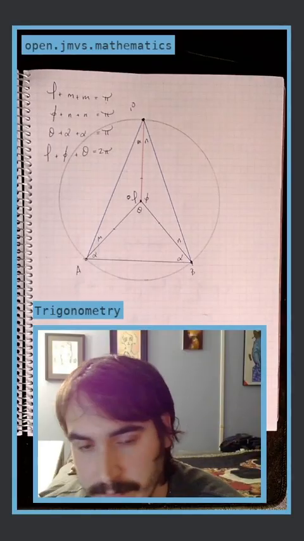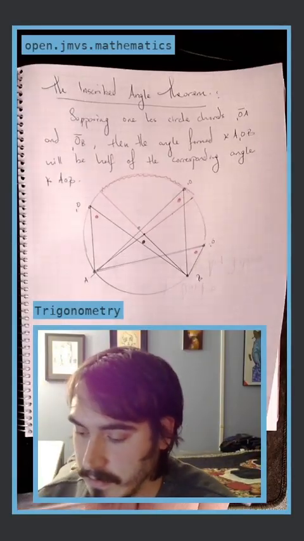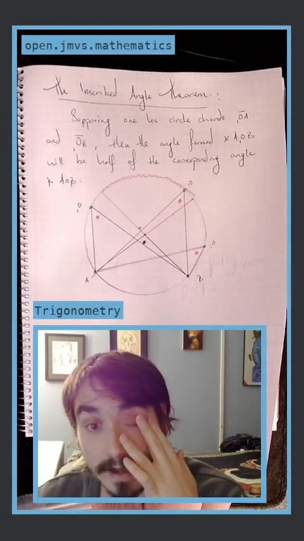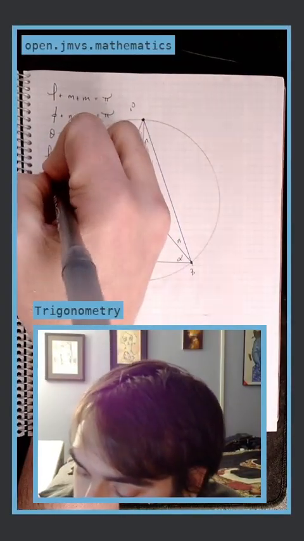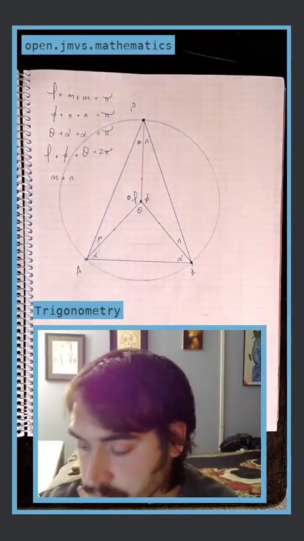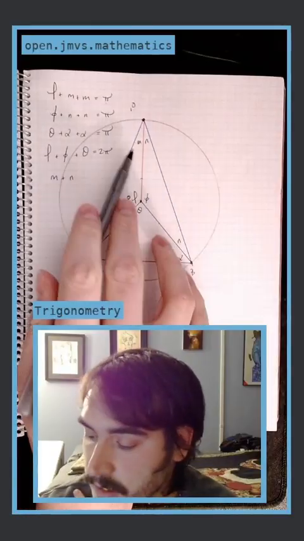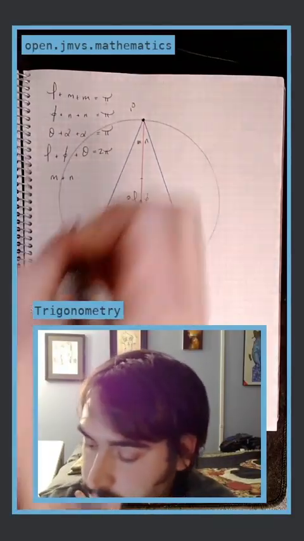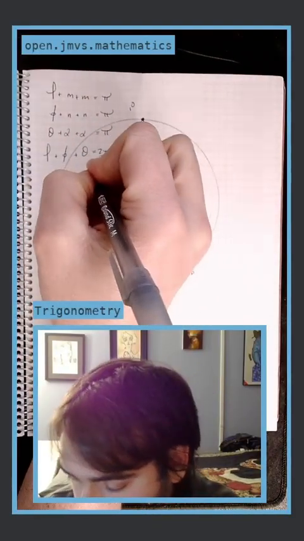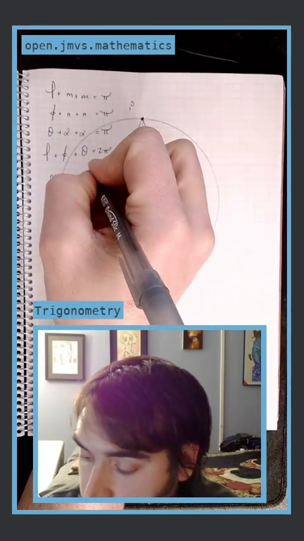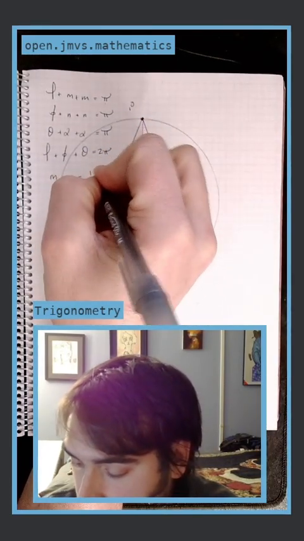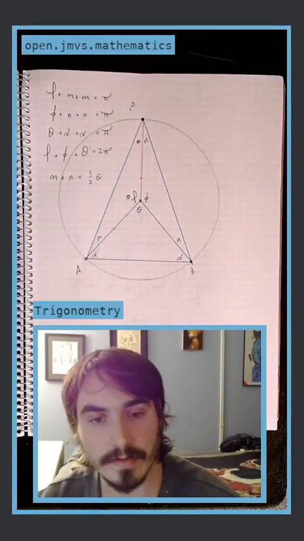And then our final claim, the claim that the theorem is asking us to demonstrate is that m plus n must be half theta. That's what we're looking to demonstrate.